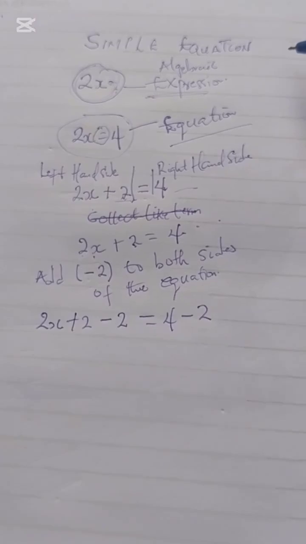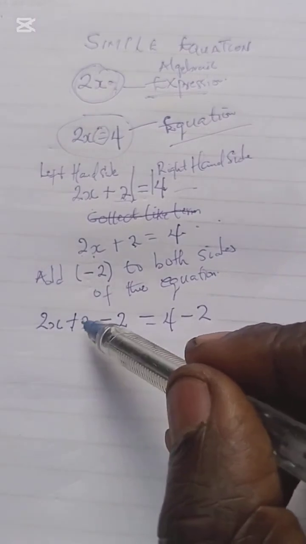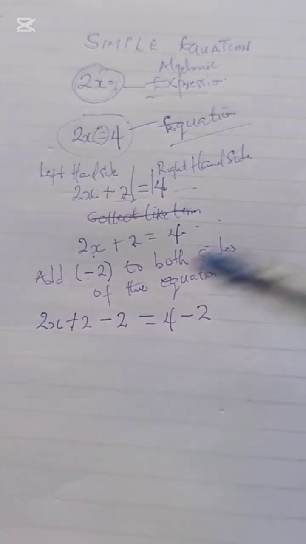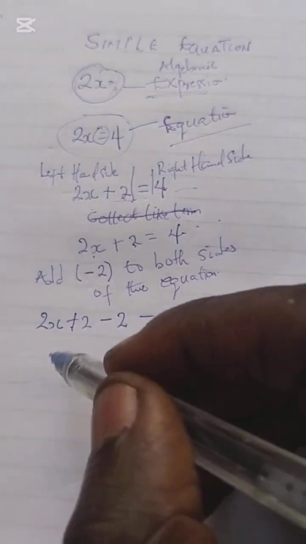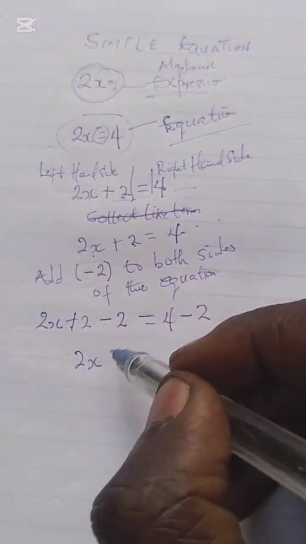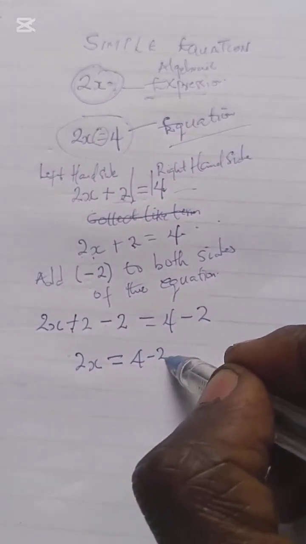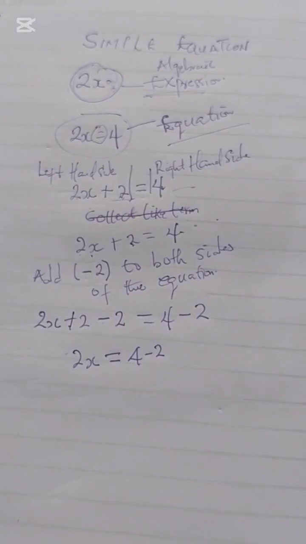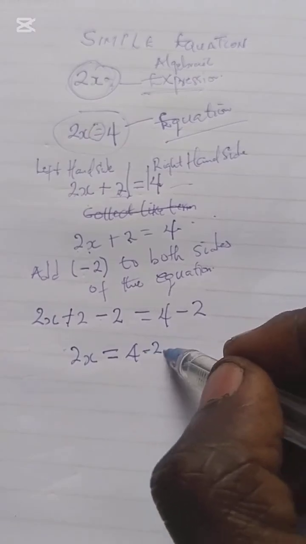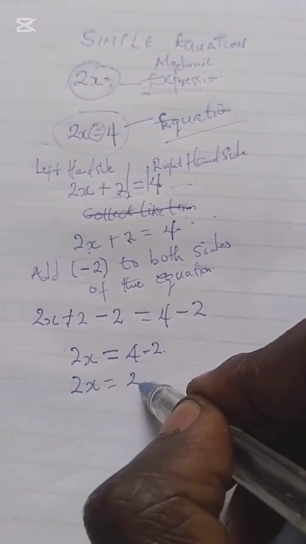Are you seeing it? Very interesting. So 2 minus 2, when they subtract, we'll have 0 as our answer. So that leaves us with just 2x at the left hand side and then 4 minus 2 at the right hand side. Then 4 minus 2 will give us what? 2. 2x is equal to just 2.